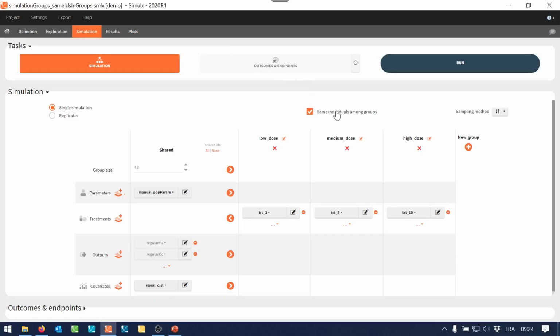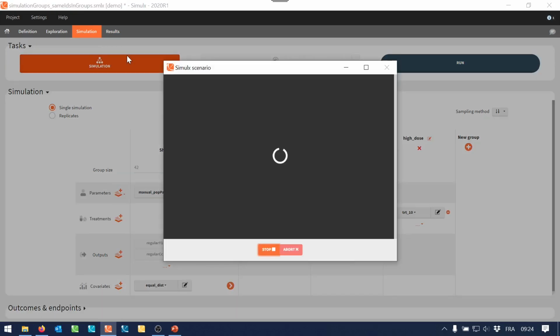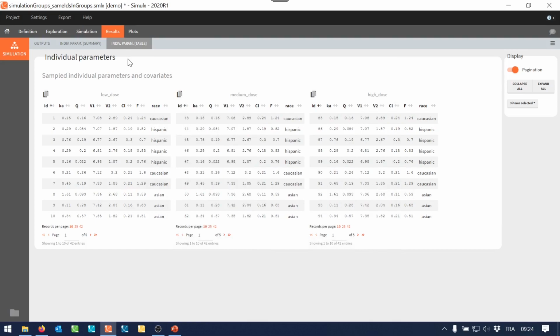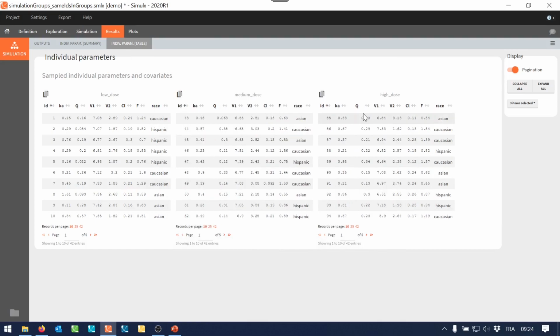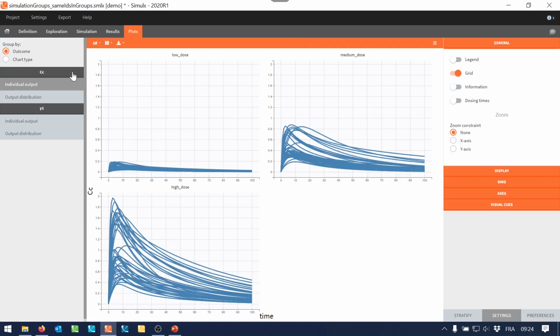If I untick Same Individuals Among Groups and simulate again, I can check that I obtain 3 different tables of individuals with different covariate values and different parameter values. The difference in the plots here is due to the difference in the treatment, but also to the difference in the individual parameters sampled in each group.